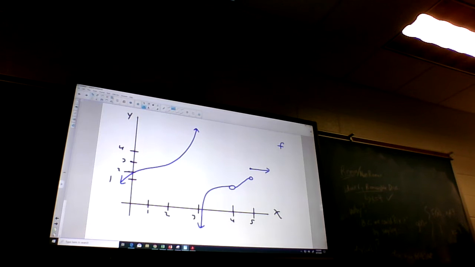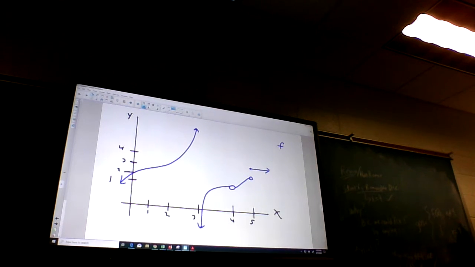Limits. So it's a limit answer. Can anyone tell me anything about a limit right there? What is the limit at x equals 4? Correct. And that's your answer. That's why it's a removable discontinuity.